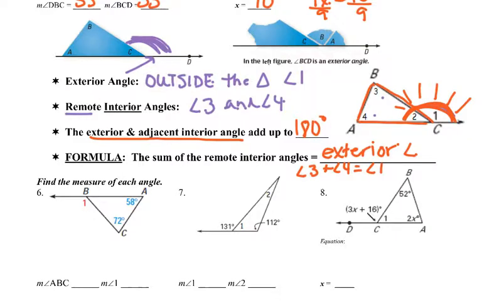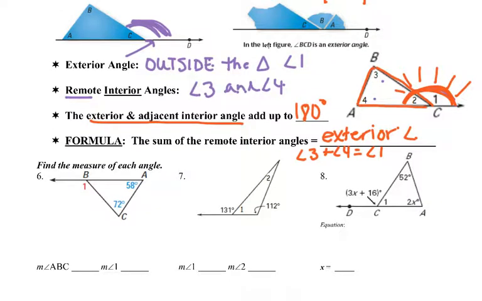And it's basically kind of a puzzle, and we'll show that here in this example with number 6. So in number 6, I see a 58 and a 72. So 58 and 72, if I add those up, I'm going to get 130. And if I subtract 130 from 180, this angle inside there is going to be 50. And I got that from all the angles of a triangle add up to 180.